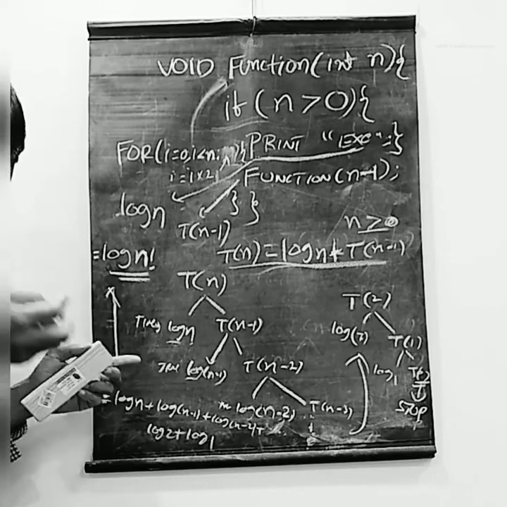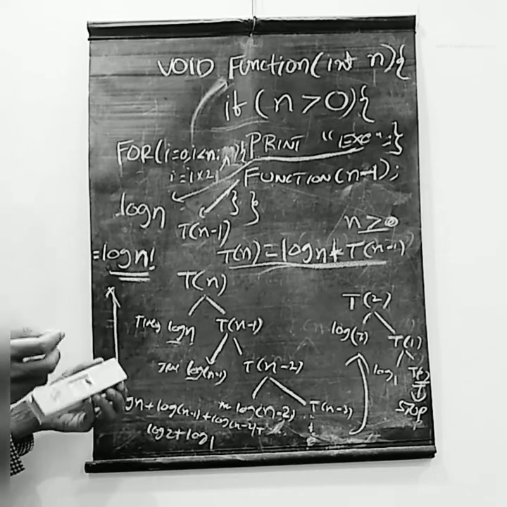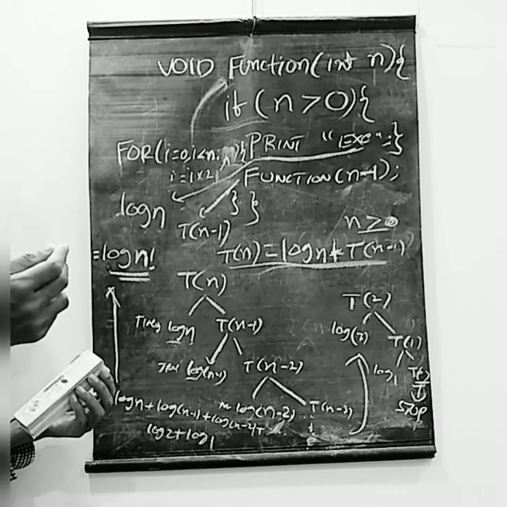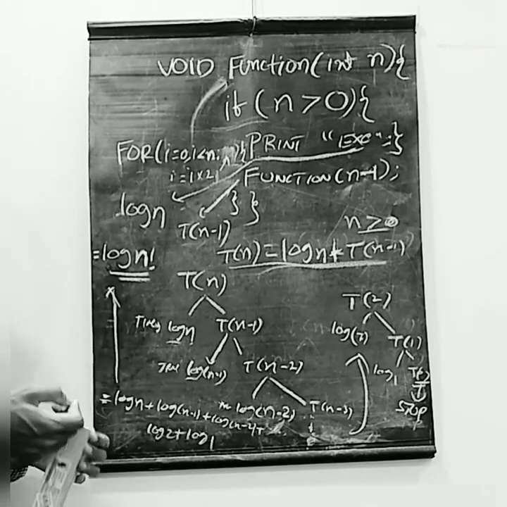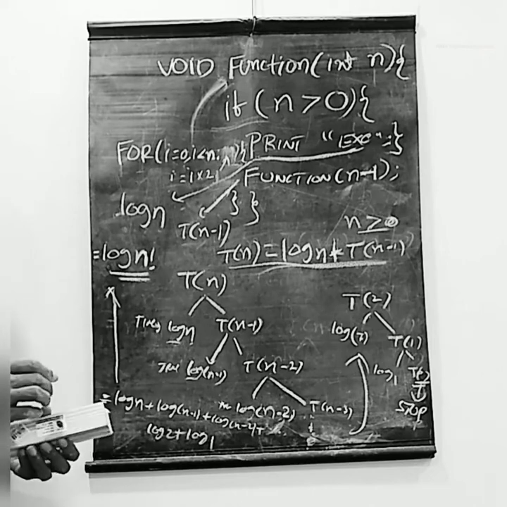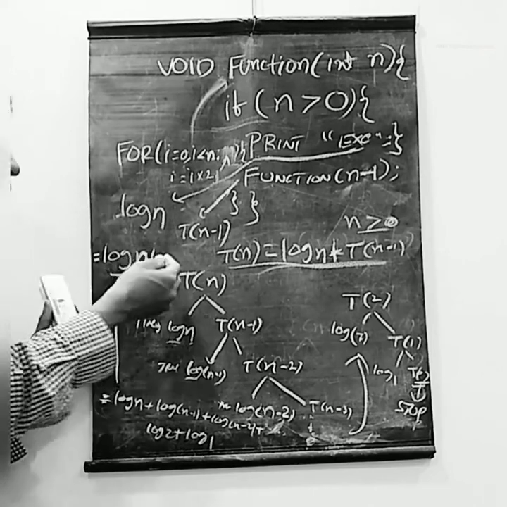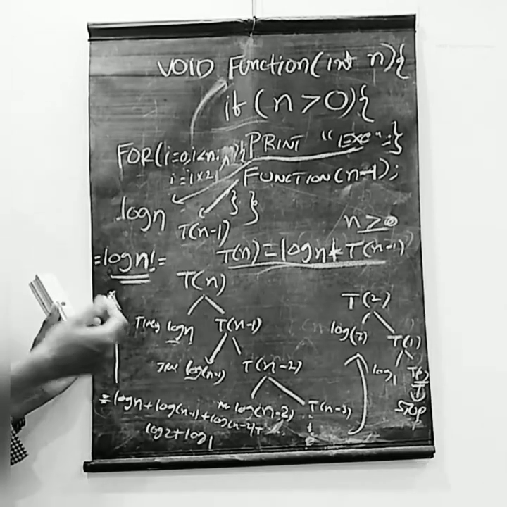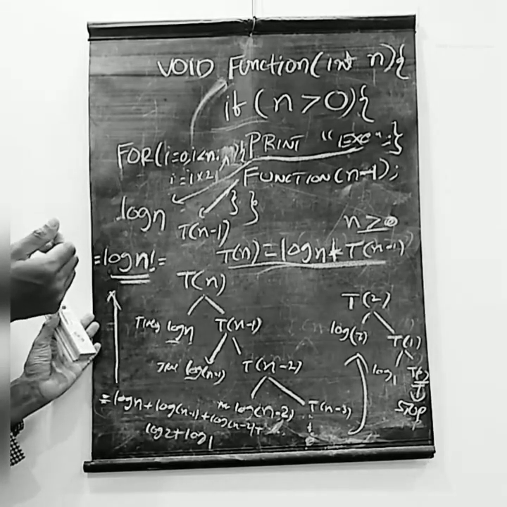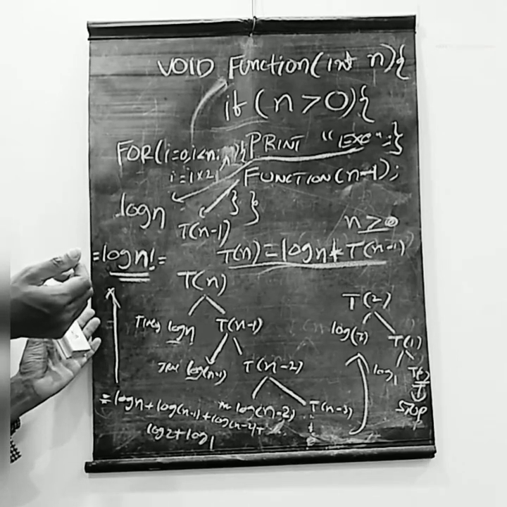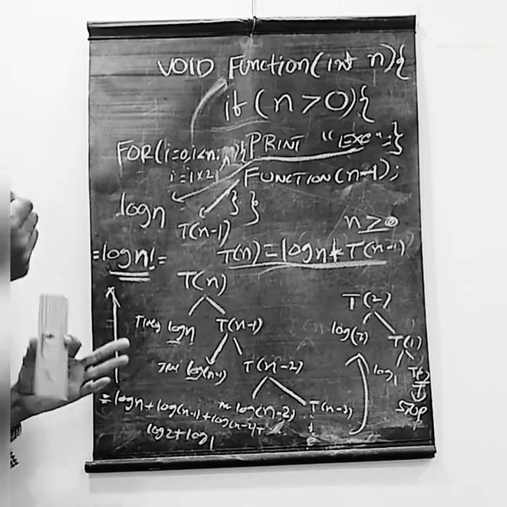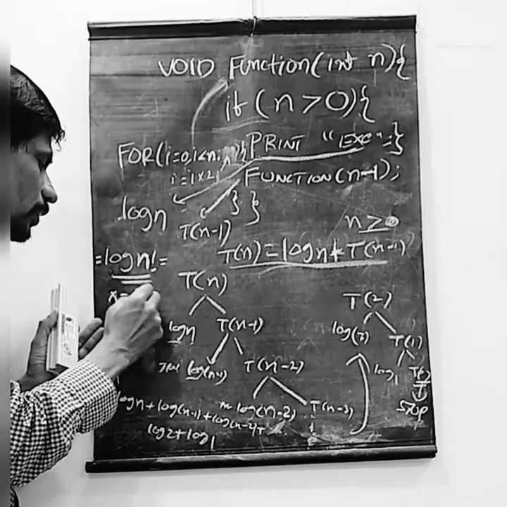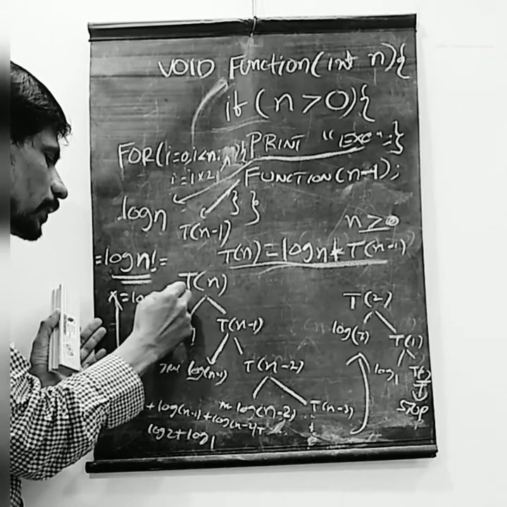Now, how many of you remember that for n factorial there is no theta notation, right? So what will be my complexity? N factorial is bounded by n power n, so it becomes log n power n.